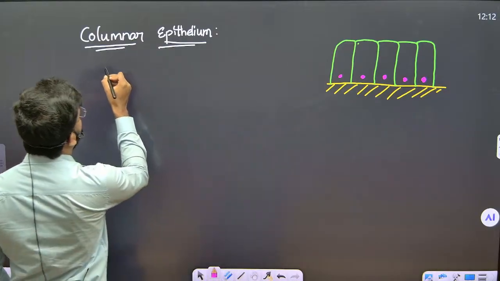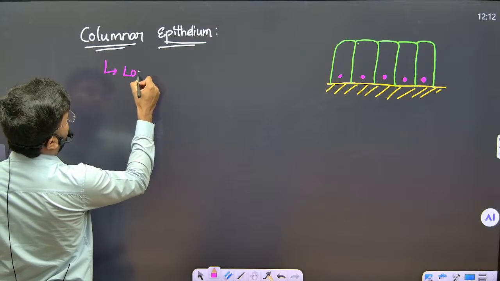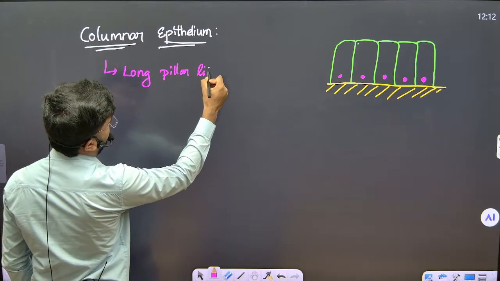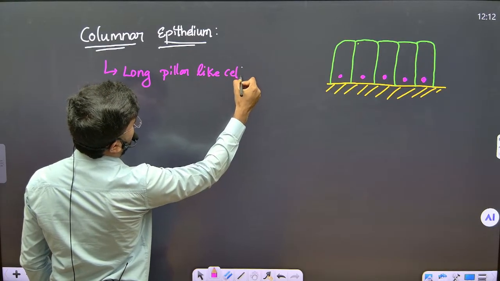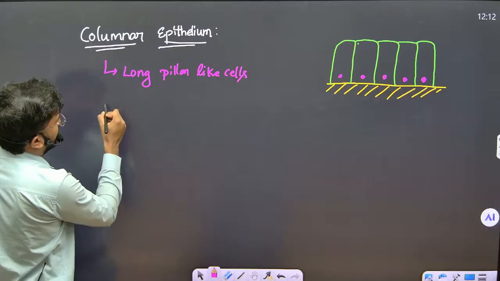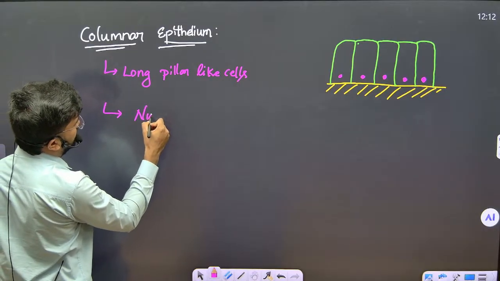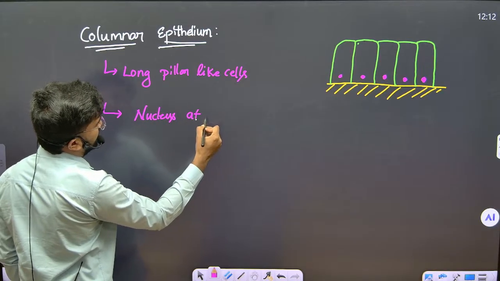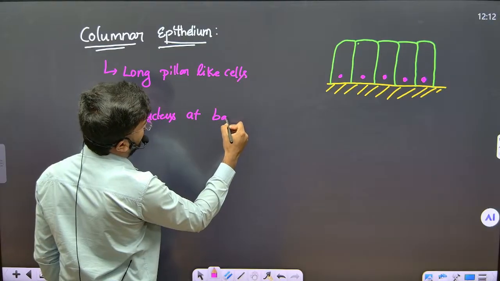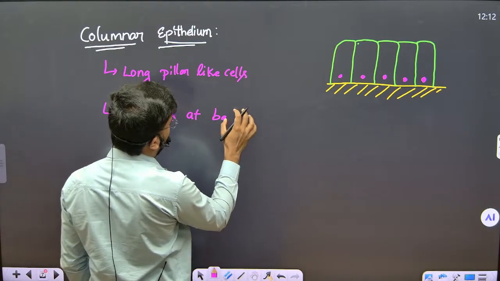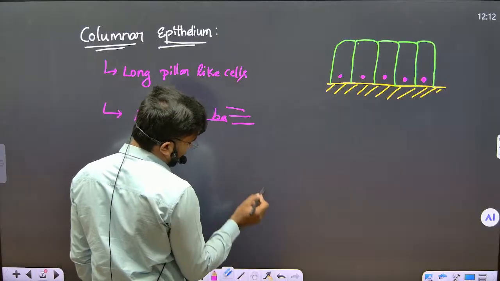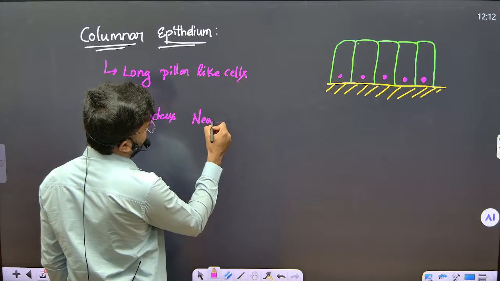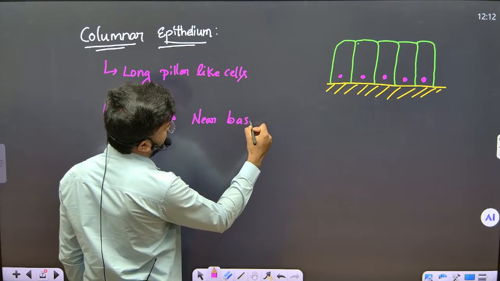They will call it long pillar-like cells. The second important point is that the nucleus is present at the base, or simply you can write near the basement membrane.